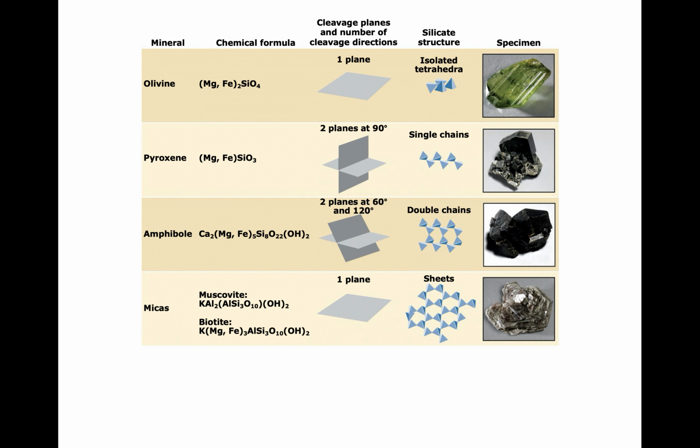Then we have the micas. The micas are sheet silicates. We have dioctahedral micas and trioctahedral micas, which is also a subject for the third year to distinguish in more detail. But we have a white mica and a black mica. The black one is biotite, the white one is muscovite.